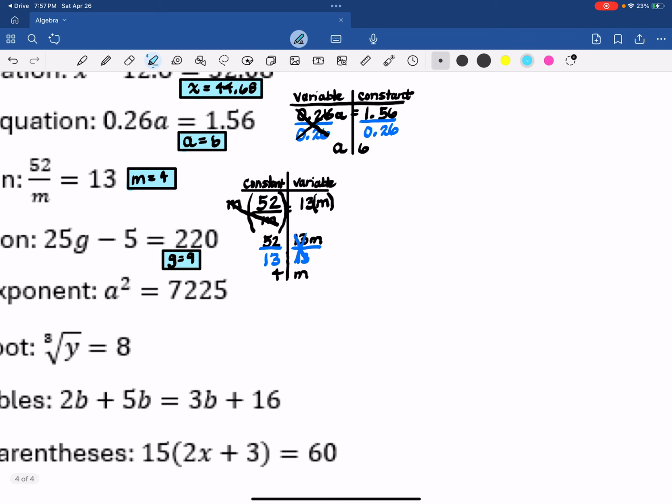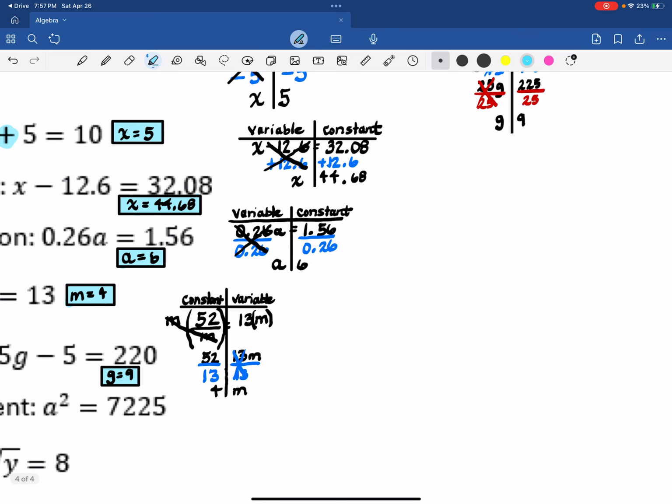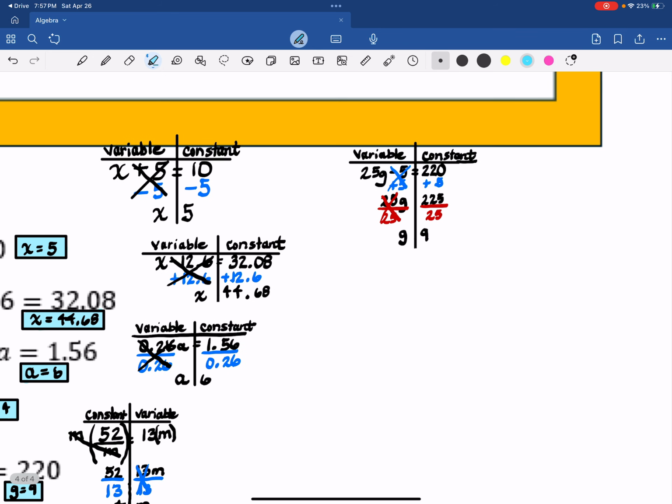All right, then we have a squared equals 7225. So we have a to the second power equals 7225. Let's draw the frame. At least in your mind, draw the frame. It's very clear where the variable is. And I don't have any of those funky fractions.